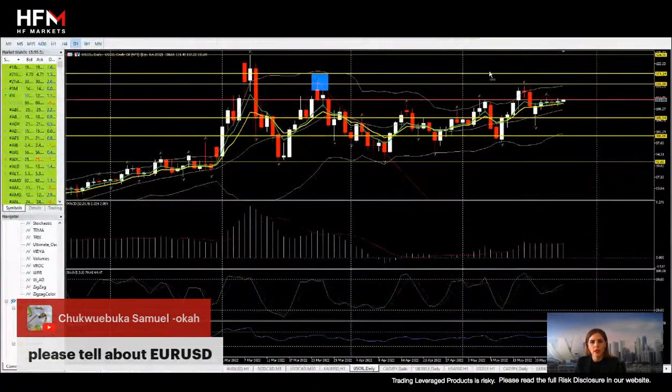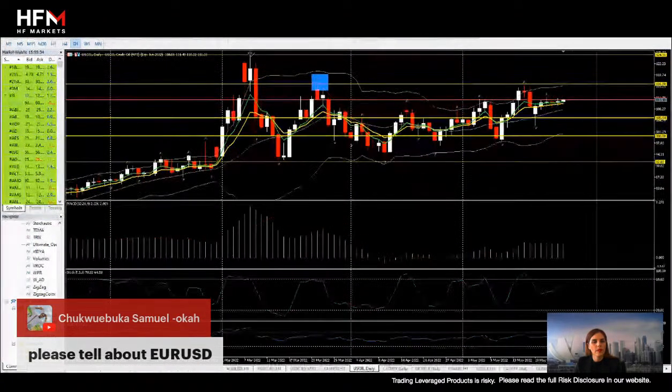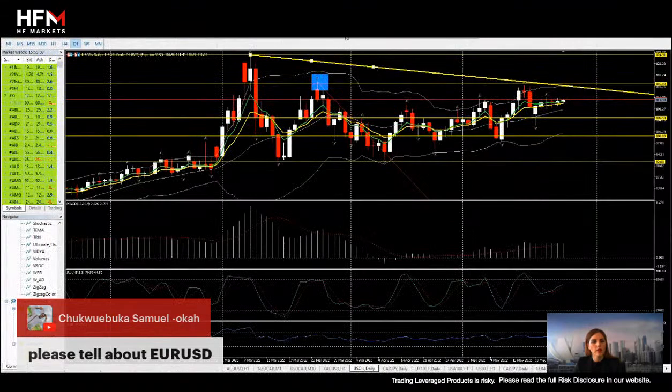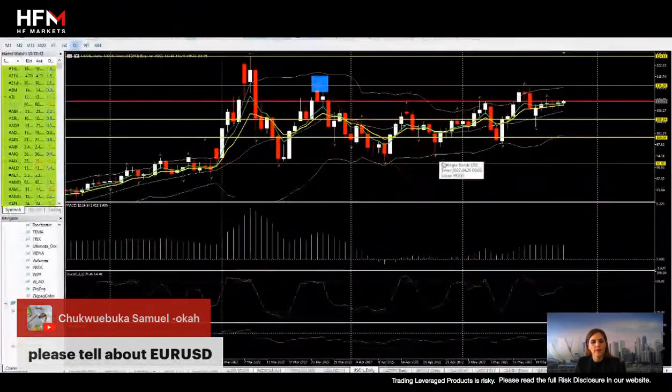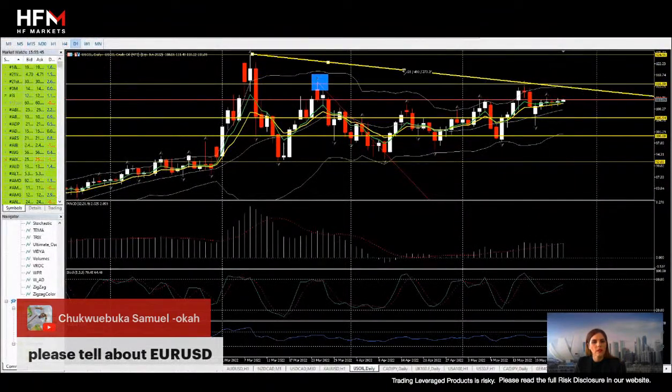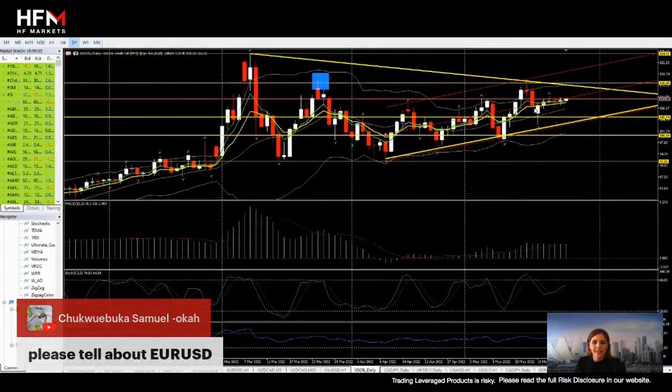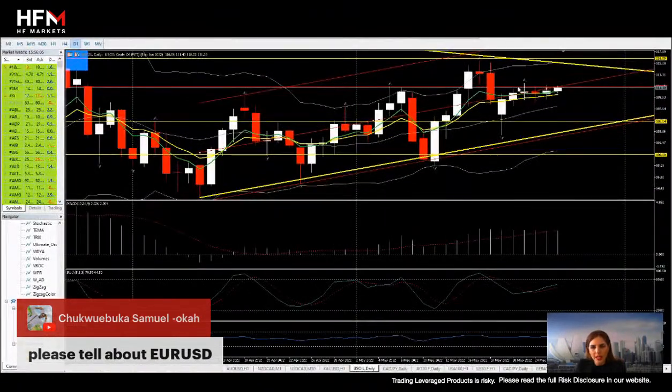Sorry guys. There we are. It looks like an ascending triangle in the long term, and a channel the last 2 months. But you see, it has stuck. I will zoom in. Can you see that it has stuck in the middle of this trend?